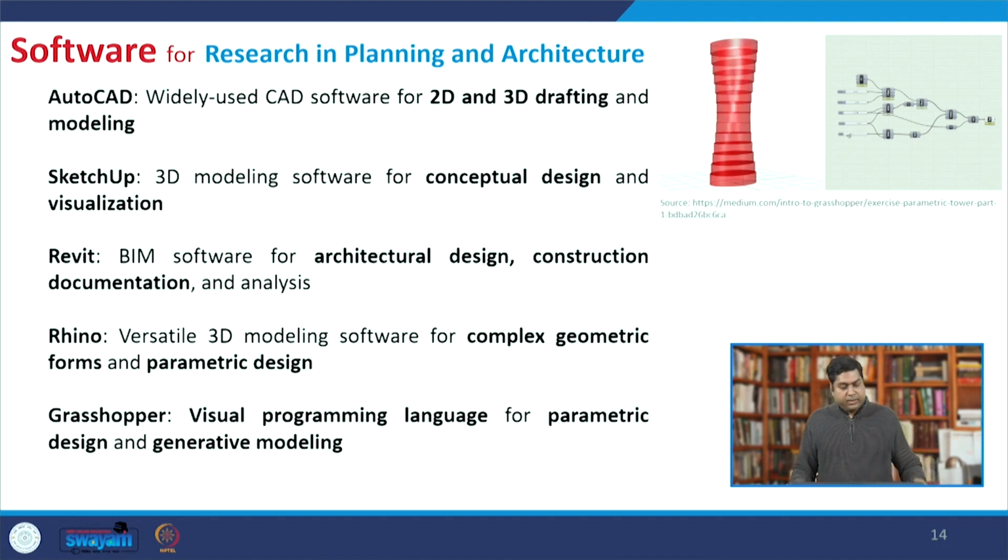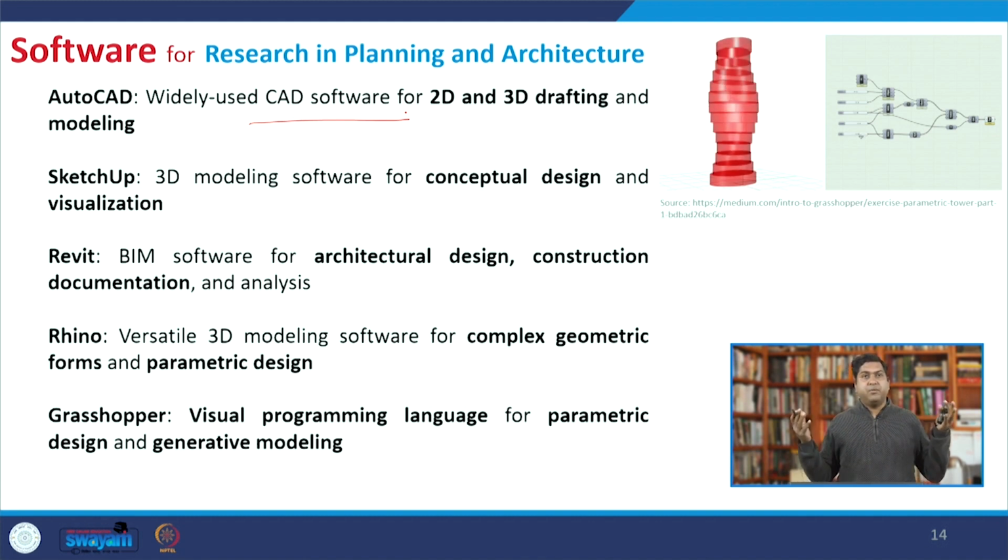Like AutoCAD, it is widely used computer aided design software for 2D and 3D drafting and modeling. When I initially started using AutoCAD, it had very few options, but now in current times you can do so much modeling, and even good rendering as well.